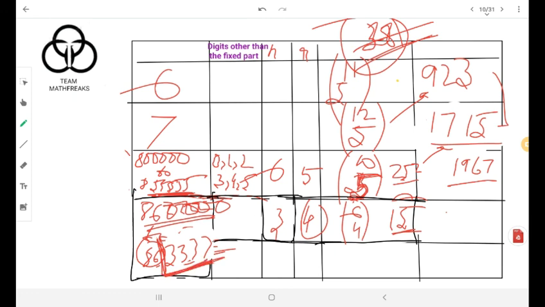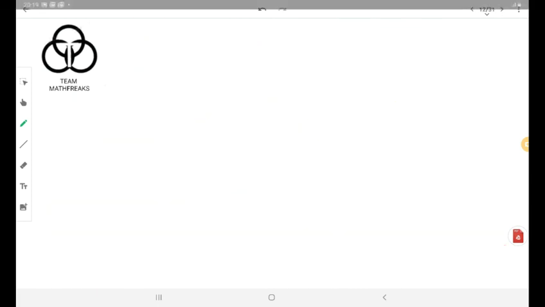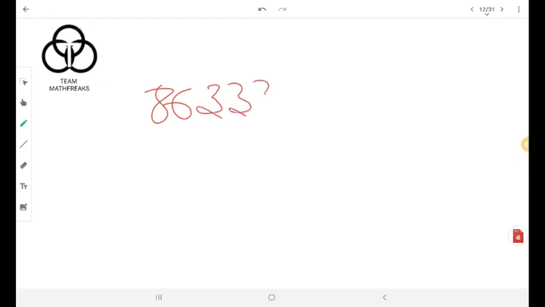Every time we are changing this, these are unfixed numbers, so 4 3s are there. 7 choose 4 comes to be 35. Adding 35 to this, we get the 2000th term. Great. We have our 2000th term to be 863333.